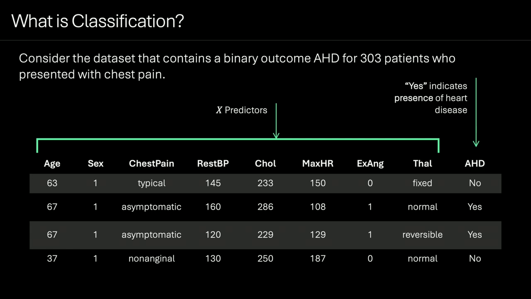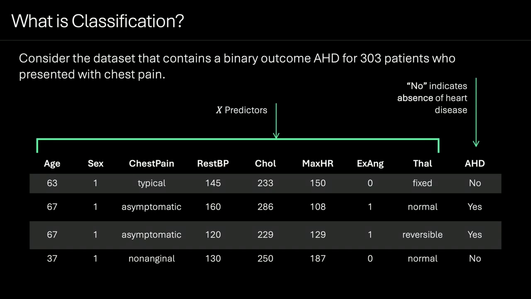Looking at a few samples from the dataset, each row represents a patient. Features like age, sex, chest pain type, and cholesterol form the input. The final column, AHD, tells you if the person has heart disease, yes or no. That's your label. And in supervised learning, the model tries to learn the mapping from input to label.